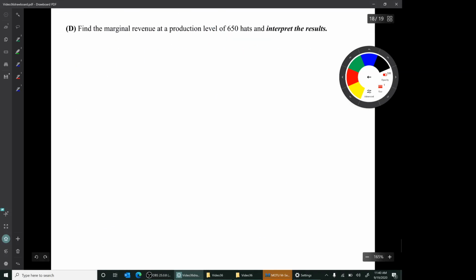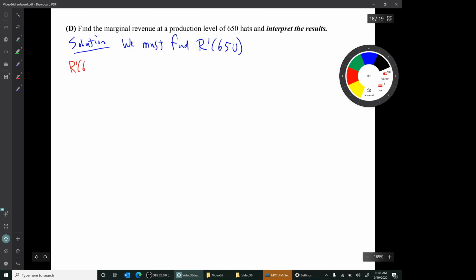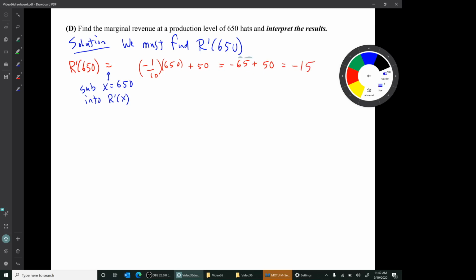Question D says, find the marginal revenue at a production level of 650 hats and interpret the results. So our result is that the marginal revenue at a production level of 650 hats is this number, negative 15.